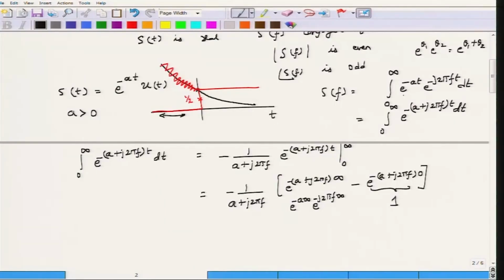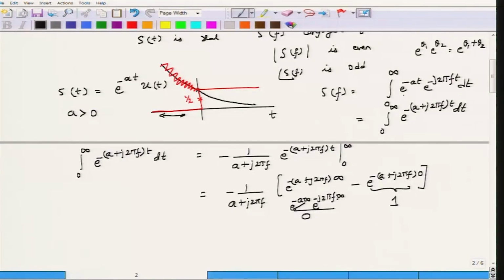That is, when f goes to infinity in the positive sense, this would be e to the power minus infinity, getting multiplied by another e to the power minus infinity. One is a real signal, the other is a complex signal, because there is a j sitting there. However, the product will be equal to 0 as f goes towards positive infinity.